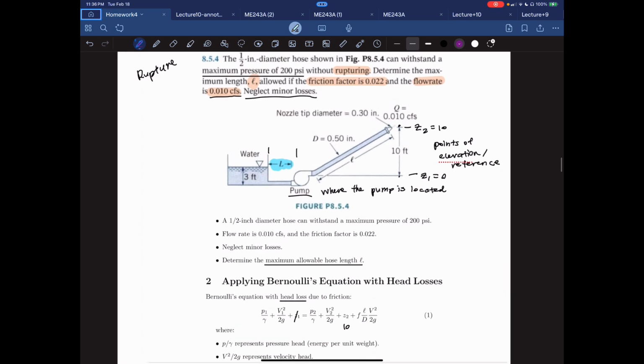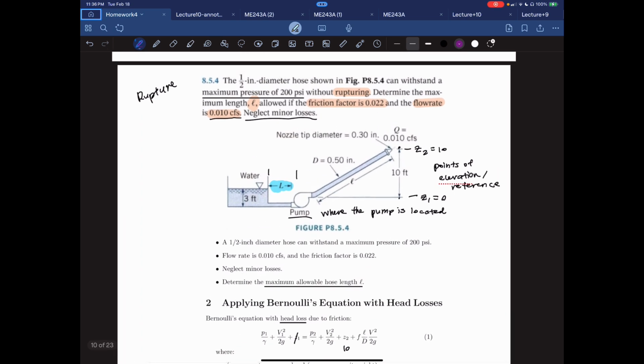And students were asking what big L is, since we're actually solving for little l, which is the maximum length allowed if the friction factor is 0.022. So we're trying to investigate the maximum length so that rupture doesn't happen.